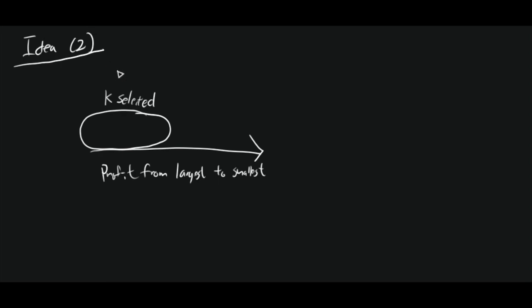It could be something like x, because we have picked k elements, and at worst there could only be one element that is unique. It means everything else in the set is a duplicate in terms of the category.